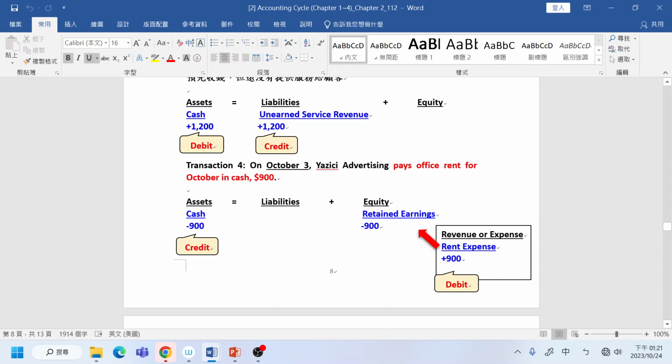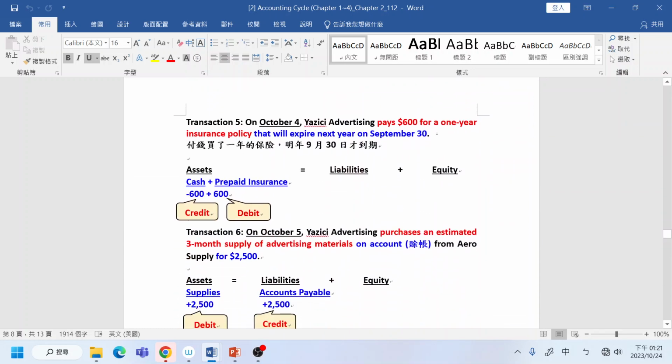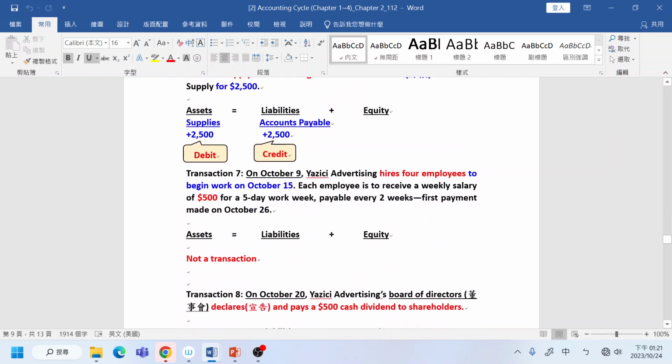Okay? Transaction 5, what happened? Cash decrease on credit. Prepaid insurance, your asset, increase on debit. Transaction 6, asset supplies increase on debit. Liability accounts payable increase on credit side, right?